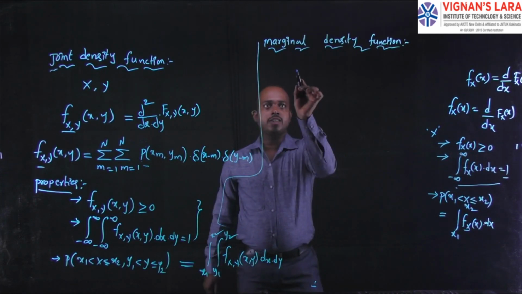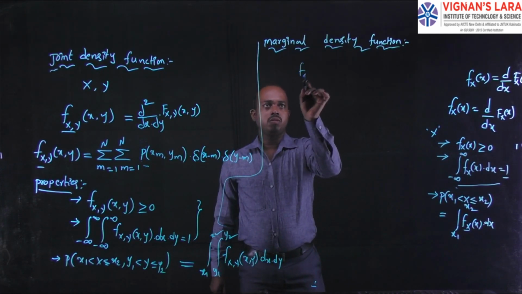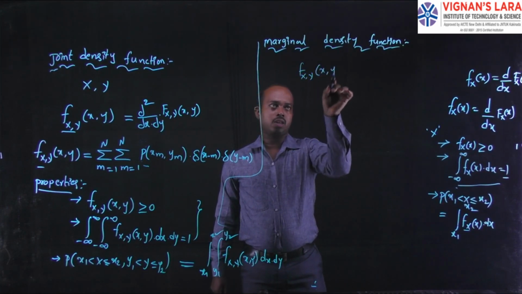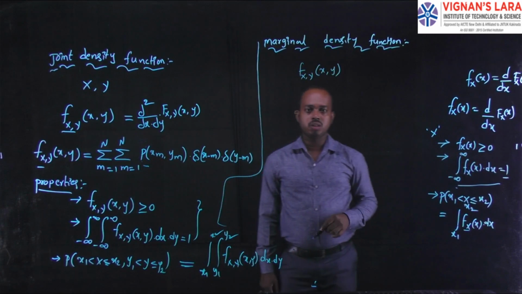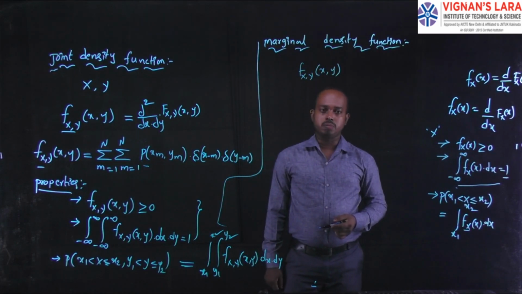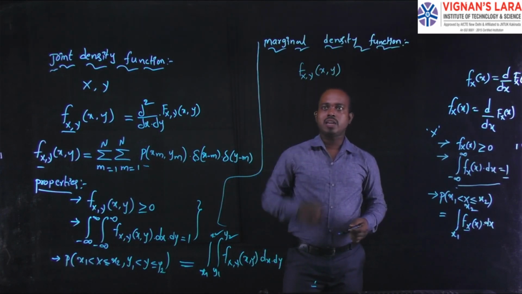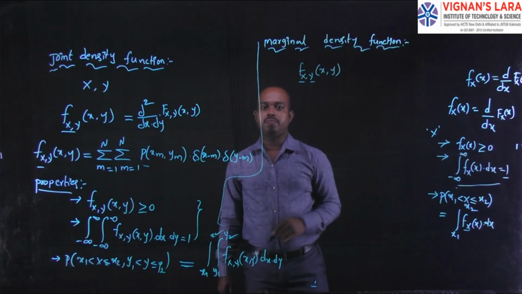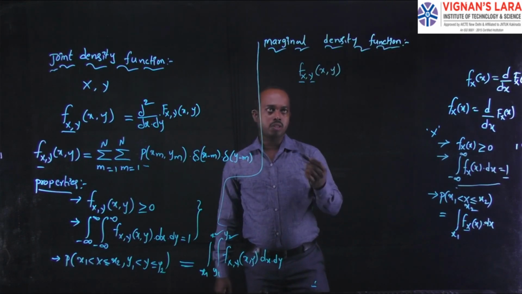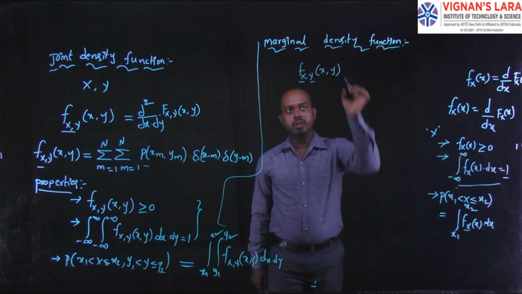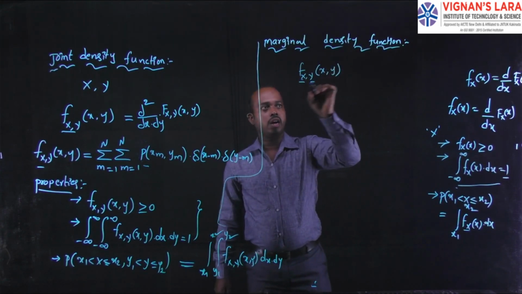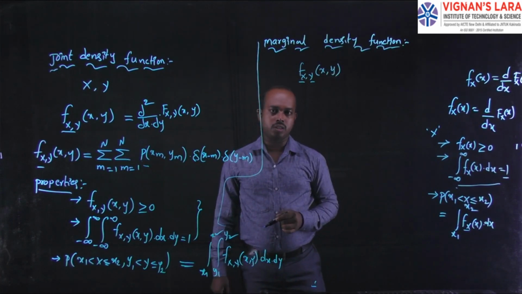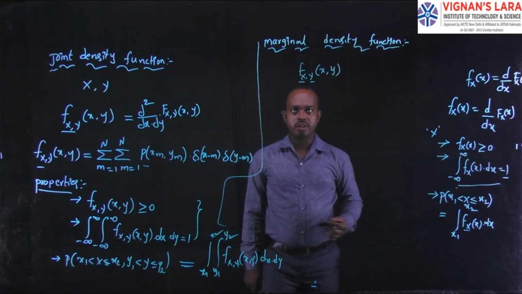First of all, write the notation of the joint density function f(x, y) of x comma y. In this function, how many random variables do we have? We have two random variables, x and y. First of all, I am obtaining the random variable x. I will make the random variable y infinite.